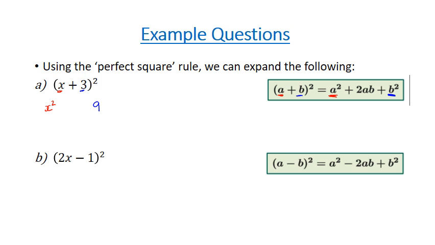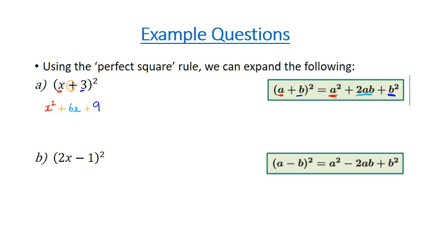Now all I need to do is find the middle term. Obviously here we have a positive symbol, so I know straight away this is going to be a positive symbol, and my last term is going to be a positive symbol. In the middle of our terms, we've just got 2 times a times b. So in this particular case, 2 times x times 3, and that gives me 6x.